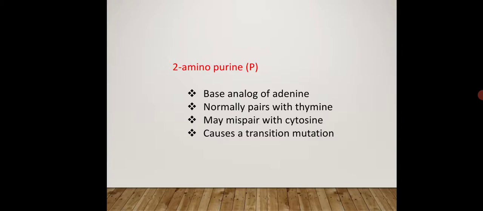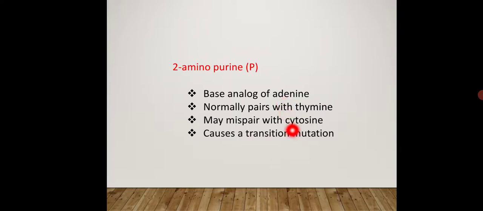Now 2-amino purine has the same mechanism, but the difference is in the analog. This 2-amino purine is the analog of adenine. It behaves like an adenine, so it can pair with thymine. So we can say that the common form is adenine, and the rare form is cytosine. That you have to keep in mind. In the common, normal condition, it behaves as an adenine.